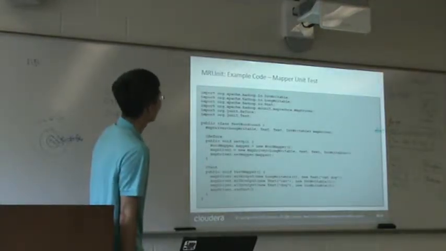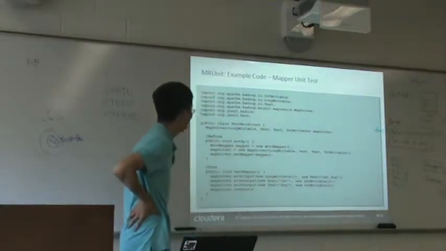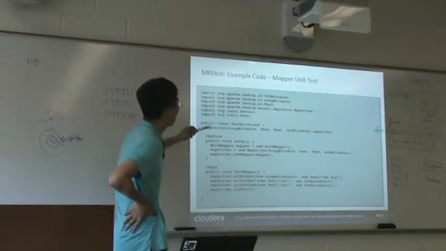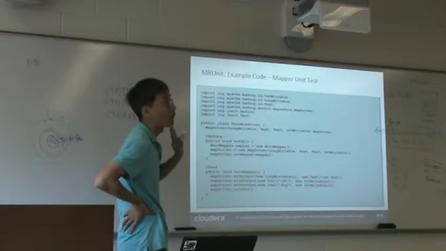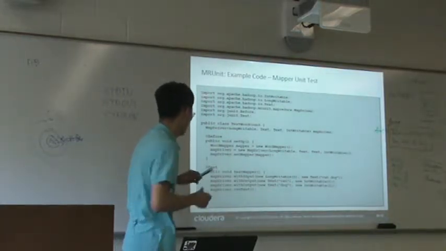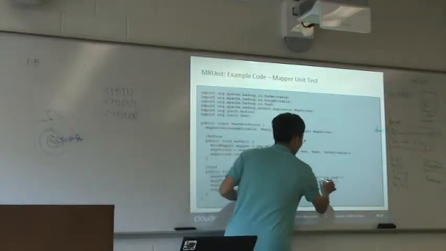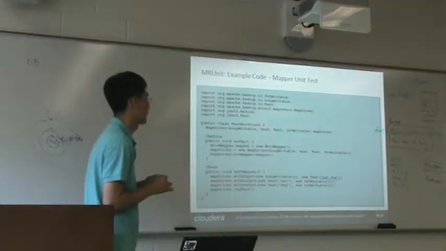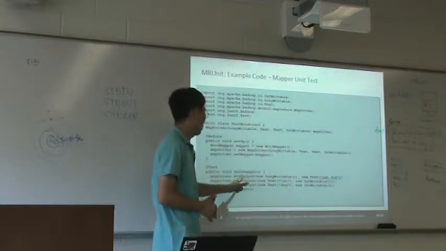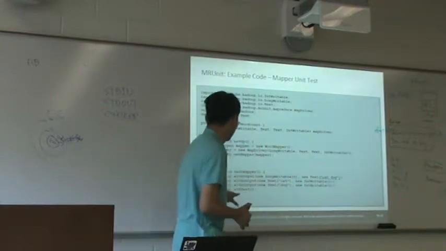So this is an example of the mapper unit test. This is a test word count. The mapper driver is like this one. We define it, and instead of reading the data from a file, the text input will be specified here. The mapper driver reads the input, and there is an expected output.